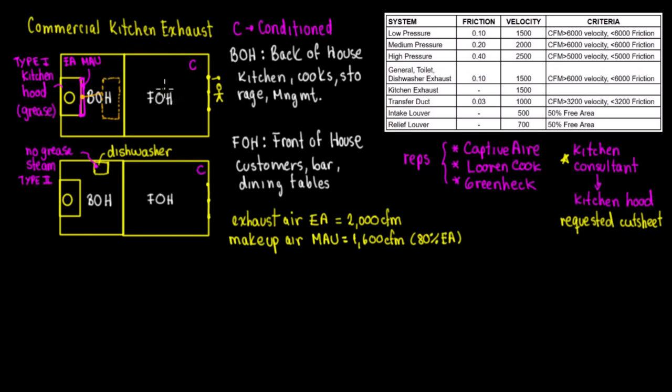And on the roof, I'm also going to have another unit, a rooftop unit that takes care of the conditioning of the front of the house. So this is going to be an RTU, rooftop unit. In other words, we're going to have two units, a makeup air unit and also a rooftop unit.